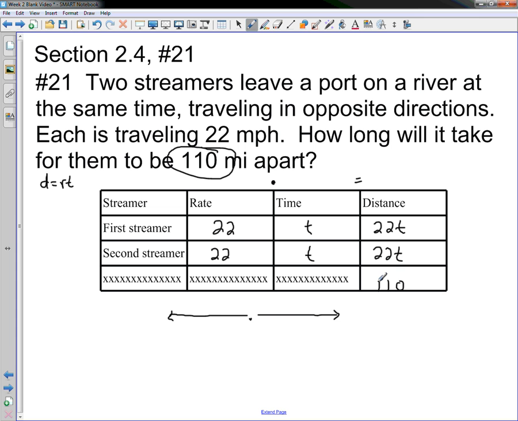So again, these are traveling the same rate. They're traveling for the same amount of time. So that means that the distances are the same. And it means if I have the total, all I need to do is add these two, and it should equal that total. So 22t plus 22t should equal 110.